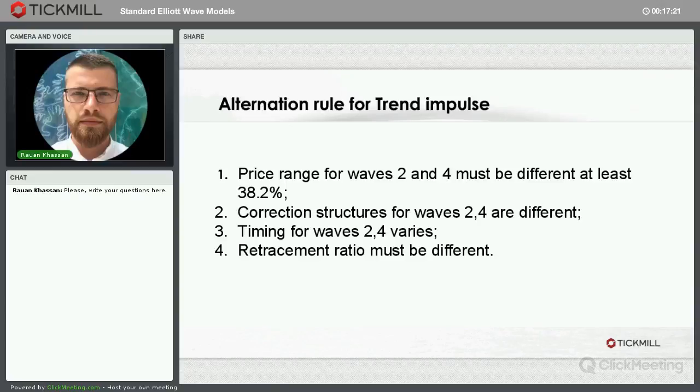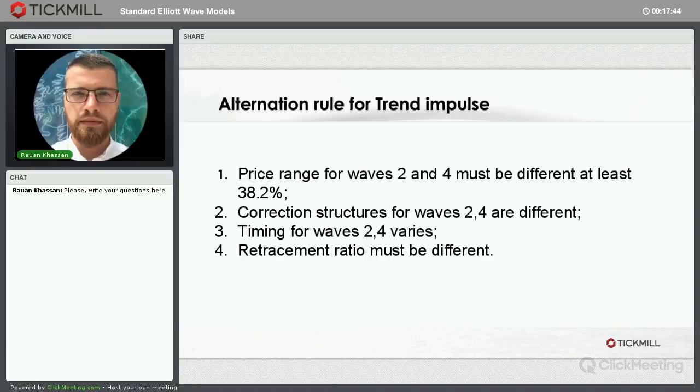You don't need to mix it up with main rules, because main rules should be completed 100% and all of the specifications should be met. But for alternation rules, even if one of the regularities is met, then it's considered to be true.